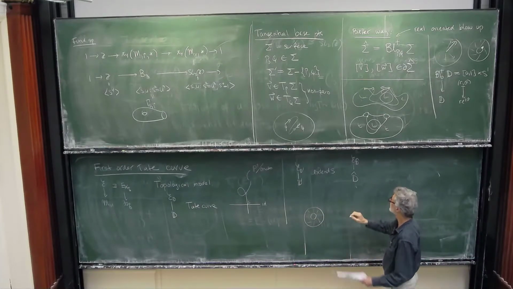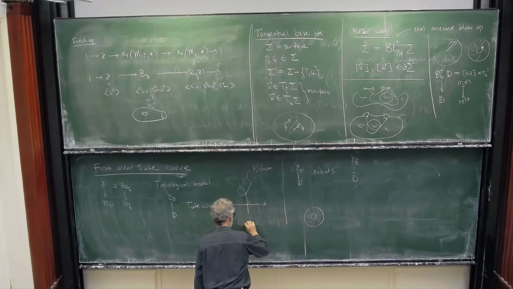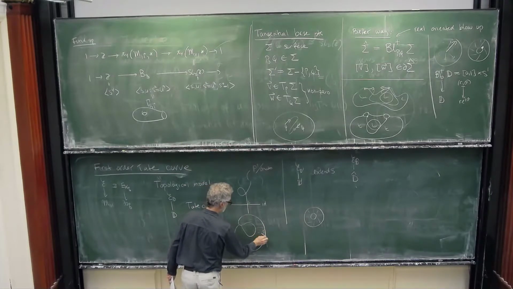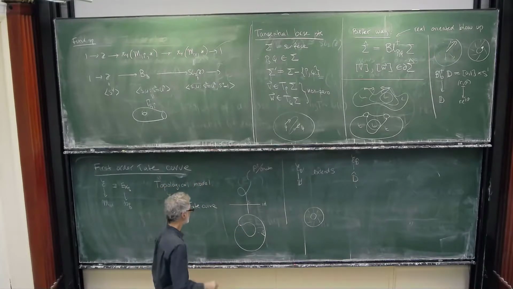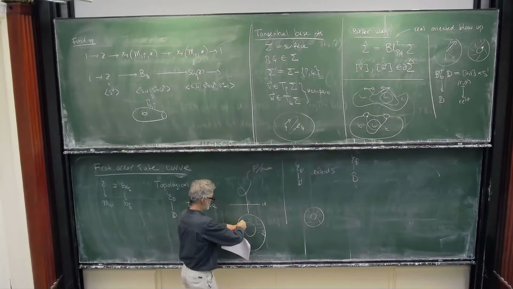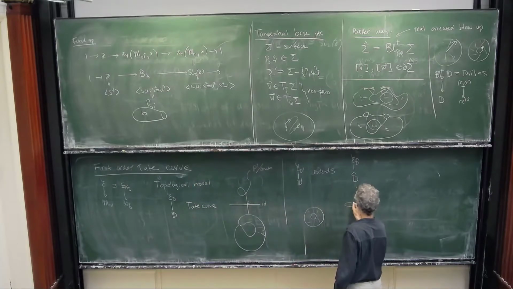Let me point out the topological picture of this. It's just P1 here, and say the identity is over here, and I've got this double point. What I'm going to do is take the normalization of this and take the real-oriented blow-up here.